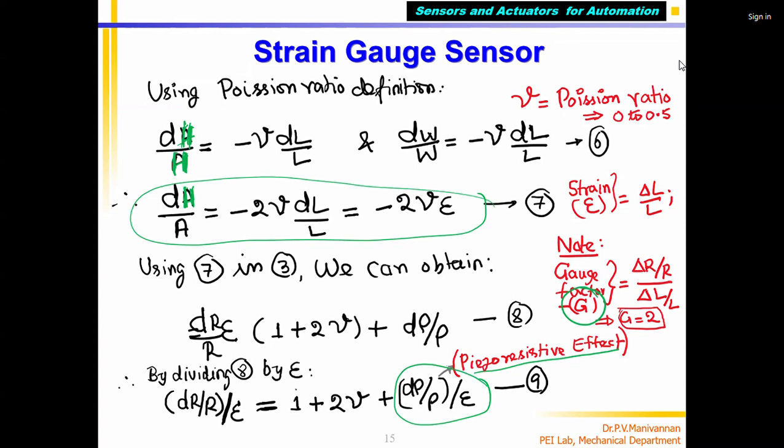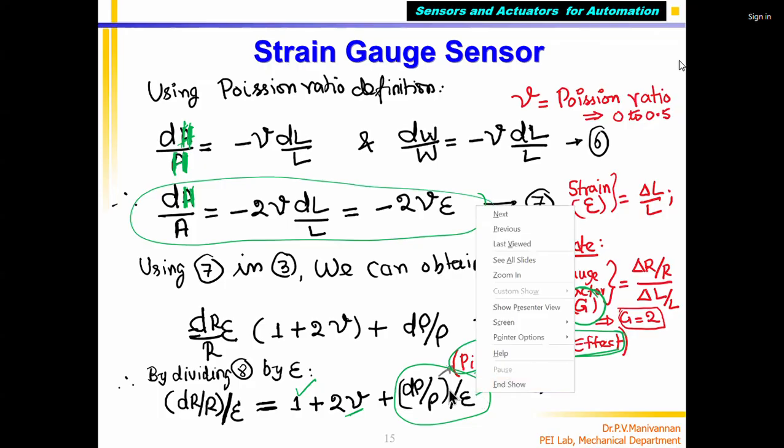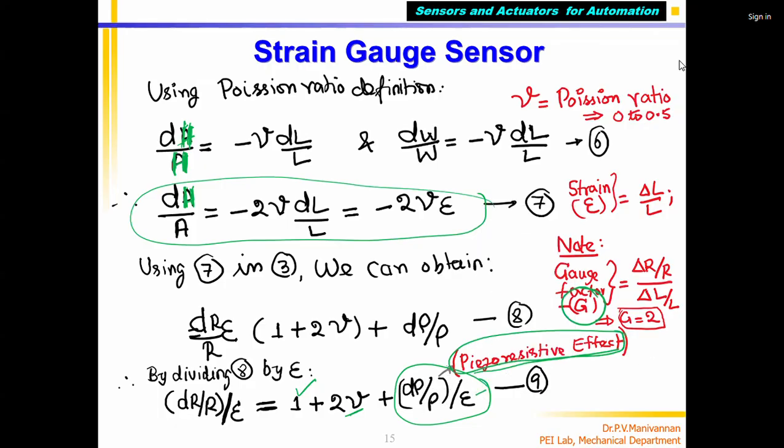In this equation one is a constant, 2 into nu is the Poisson's ratio, and the third part is rho divided by R. This is called the piezoresistive effect of the given material, or the strain gauge material. What it says is, as you apply more force, more strain is applied, and there is a change in resistivity also. That is called the piezoresistive effect in a strain gauge. Now, this also contributes to the change in resistance.